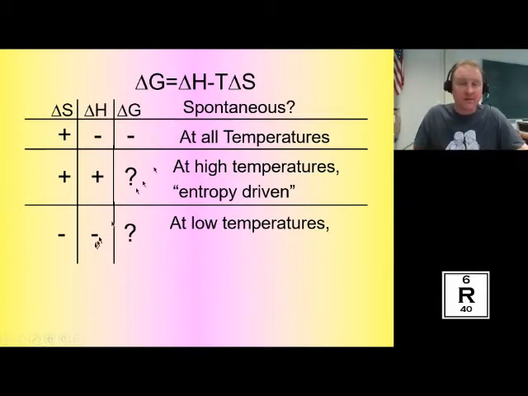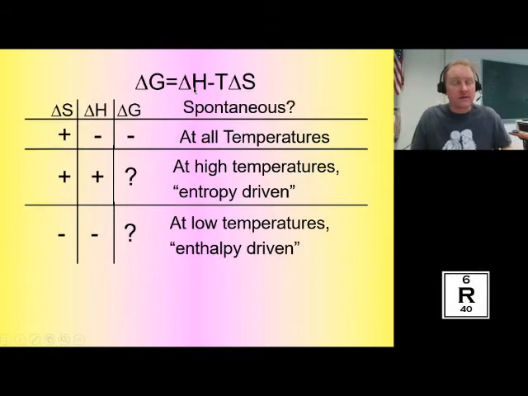And if we think about that, we have a negative value here, which is going to help make delta G negative. But if I have a negative value here for entropy, that doesn't help, because remember, we're minusing a negative. So what's really driving this one is the enthalpy. This is enthalpy driven.